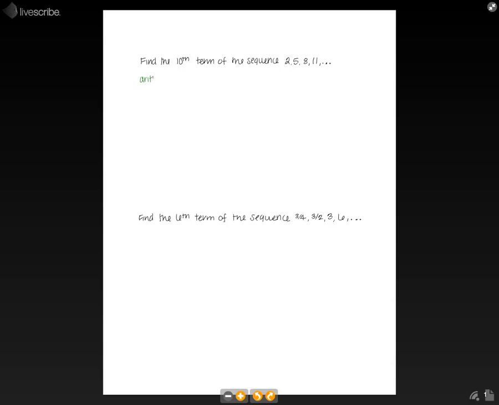So an arithmetic sequence, we know, is when the difference between terms is an additive constant.